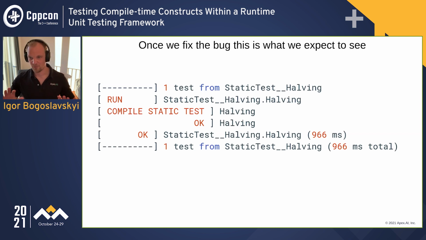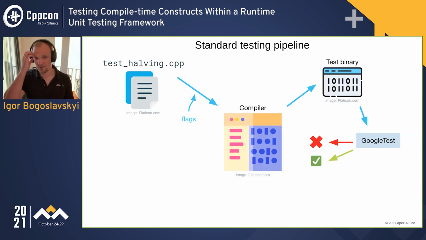So now that we know what we're talking about, let's talk about how this all can be done, and let's start with the basics. This is a pretty standard testing pipeline, nothing new here. We start with some text file which holds some code. We give some flags through some build system, be it CMake, Bazel, Meson, or whatever else build system you want to use.